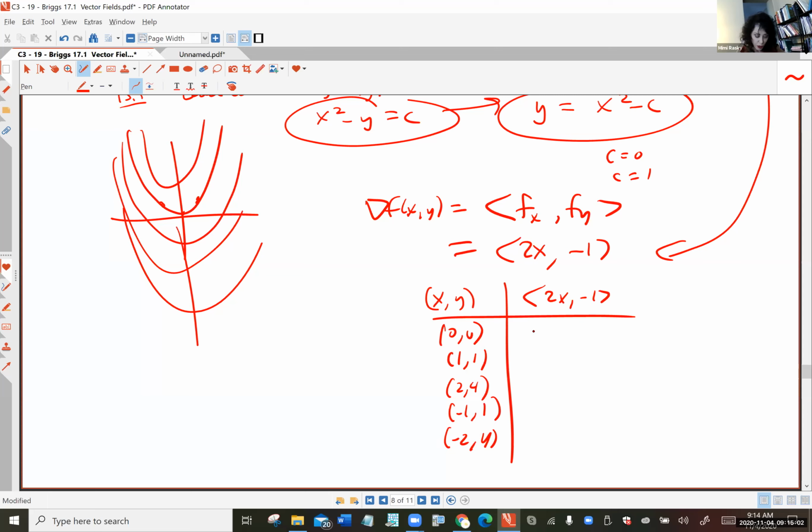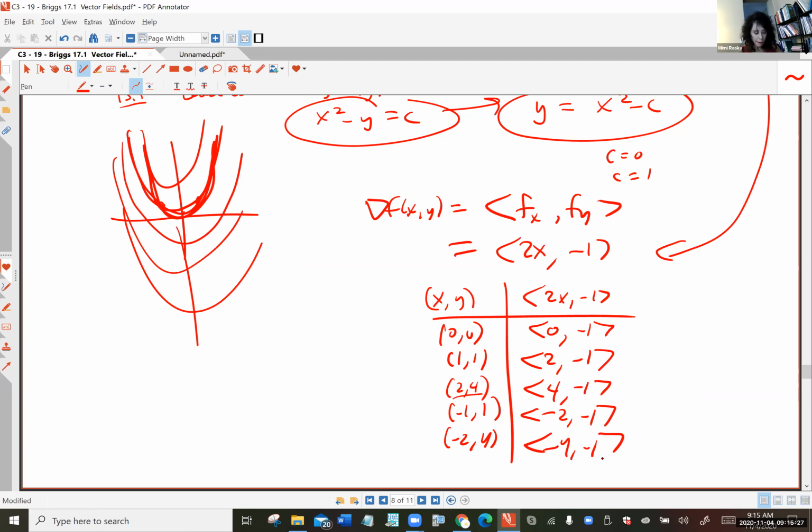The corresponding vector is 2 times the x coordinate, that's 0, and then just -1. At (1, 1) this is going to be (2, -1). The vector that associates with the point (2, 4) is (4, -1). (-1, 1) has the vector (-2, -1), and then the point (-2, 4) has the vector (-4, -1).